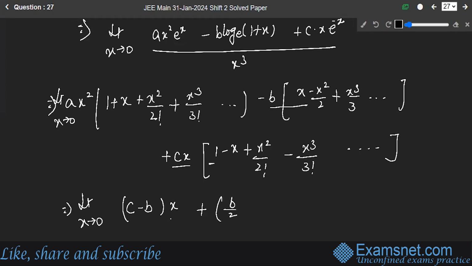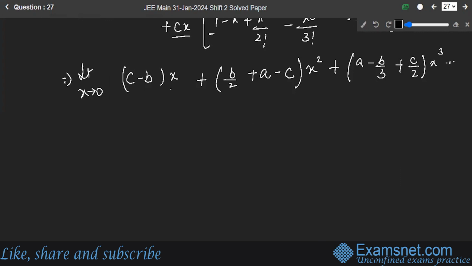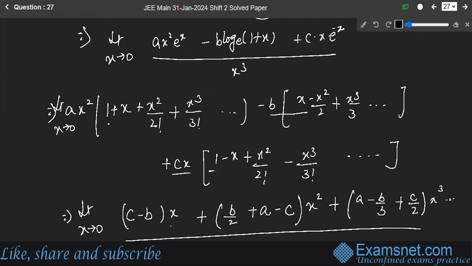The x square coefficient will be b by 2 plus a minus c into x square, plus a minus b upon 3 plus c upon 2 into x power 3, and so on. I'm not interested in the higher values. I'll just drop it over here. This whole thing was divided by x cube over here also.